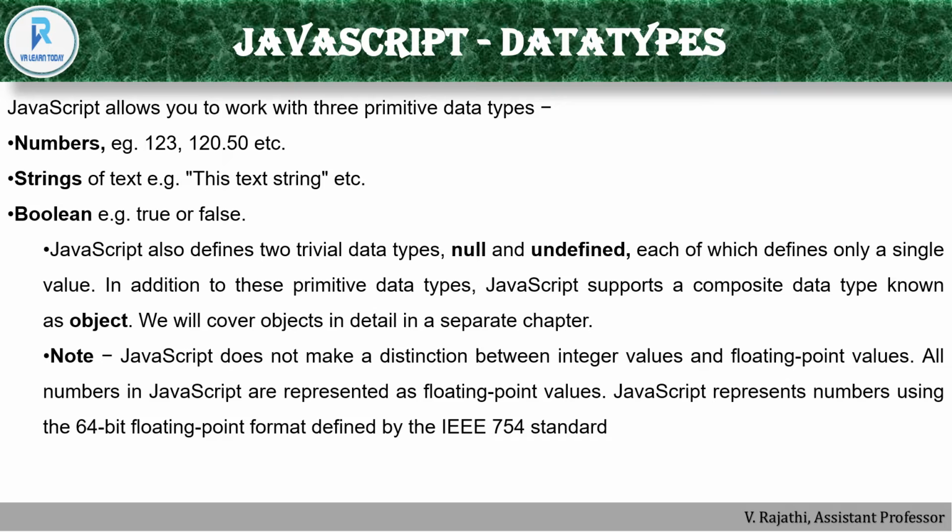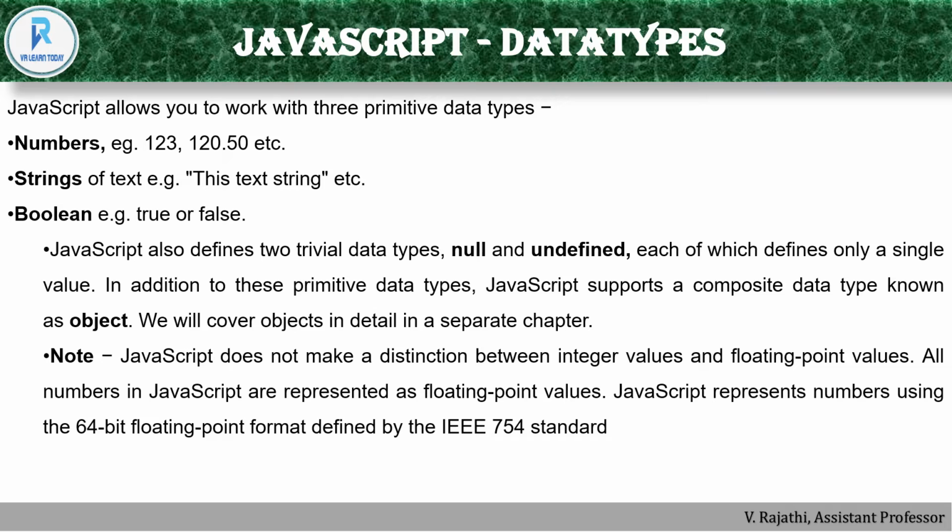Next, we have to know what data types are available in JavaScript. Like in C, where we have integer, float, double, and character, here JavaScript has only three primitive data types. JavaScript allows you to work with three primitive data types: numbers, strings, and booleans. Numbers means 1, 2, 3, any numbers.